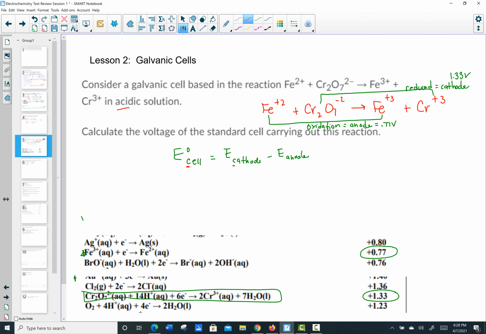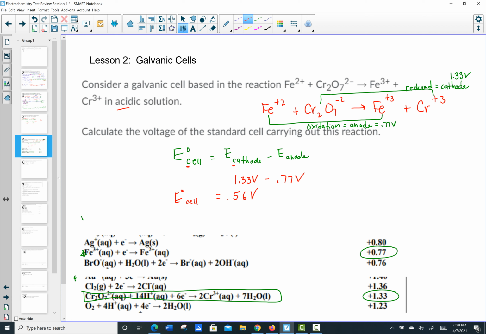In this particular problem, the cathode value was 1.33 volts minus the anode value of 0.77 volts. When I subtract, let me grab my calculator, 1.33 minus 0.77, my screen reads 0.56 volts, and that's the standard E cell.